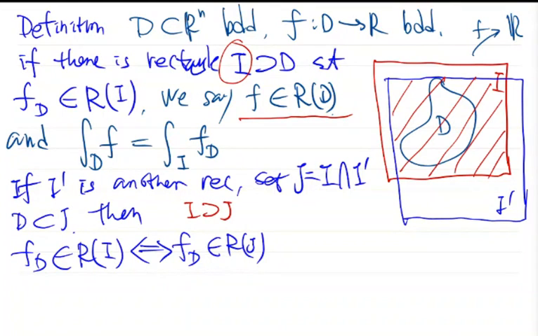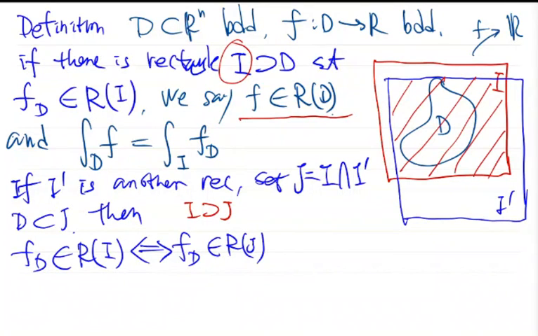Therefore, using our previous lemma, F_D is integrable over I if and only if F_D is integrable over J, because the zero extension of F_D considered as a function on J is precisely the zero extension of F considered as a function on D.